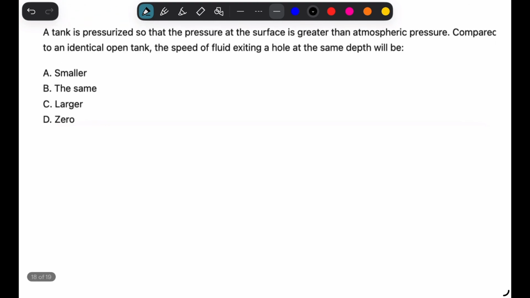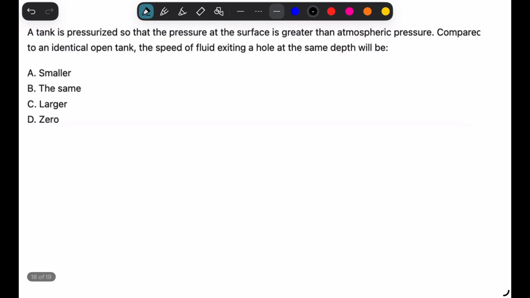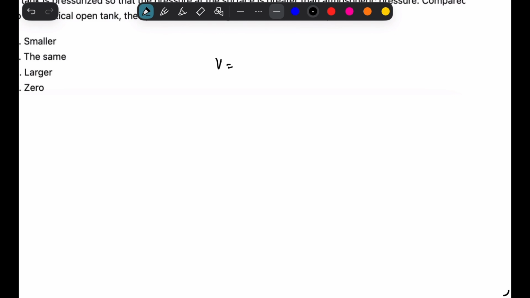So for this question, a tank is pressurized so that the pressure at the surface is greater than the atmospheric pressure compared to an identical open tank. So the speed of the fluid exiting at a hole at the same depth will be what? So our generalized equation we saw earlier is this.